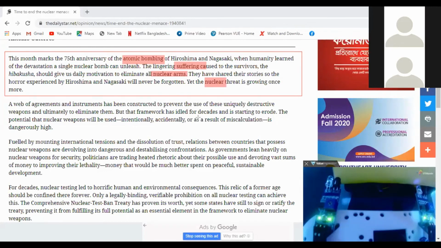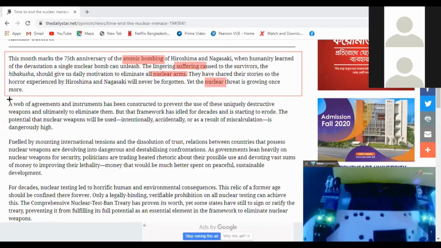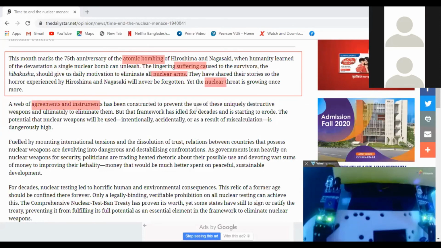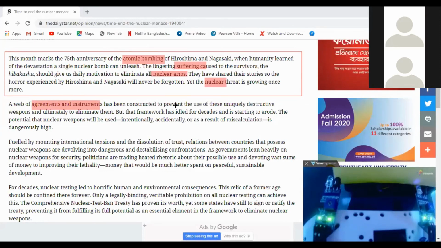Then in our first paragraph we saw nuclear weapon, nuclear arms, that's fine. And then if you continue reading from the second passage, what are we getting here: agreements and instruments. I won't write everything, some things will be in my brain, but I'm identifying now.